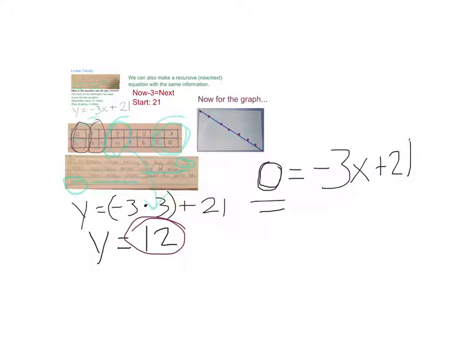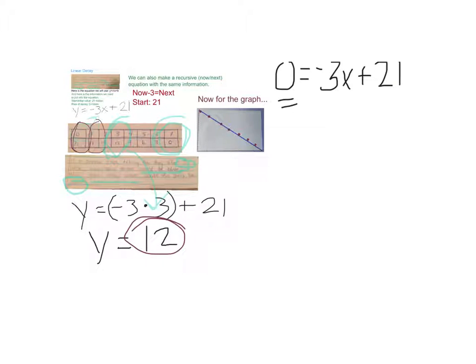And now we solve. Once solved, the equation would be this. Now we know that after 7 weeks, there will be 0 viruses left.